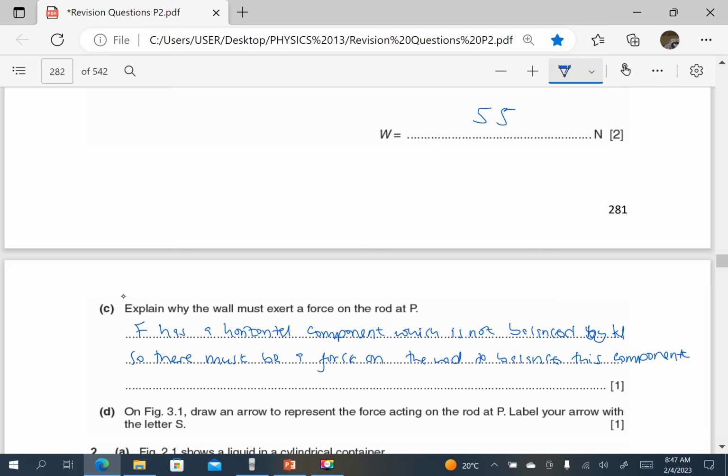There must be a force on the rod to balance the horizontal component. That's number one.